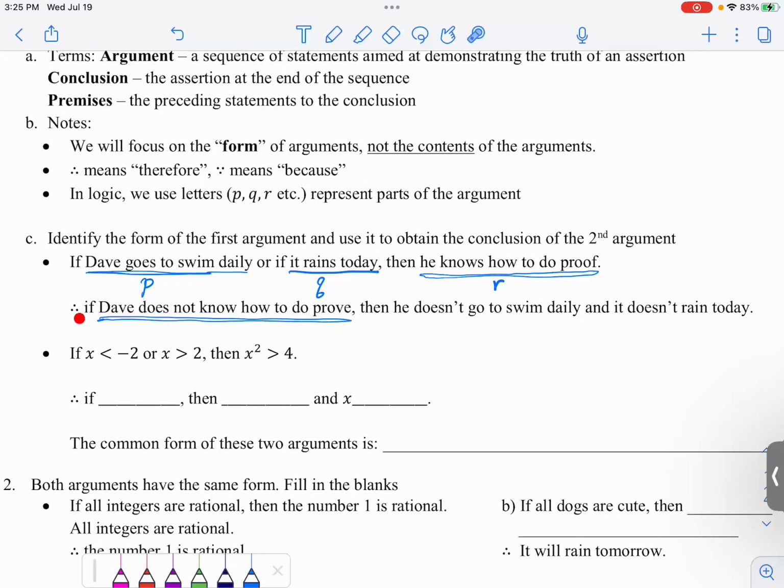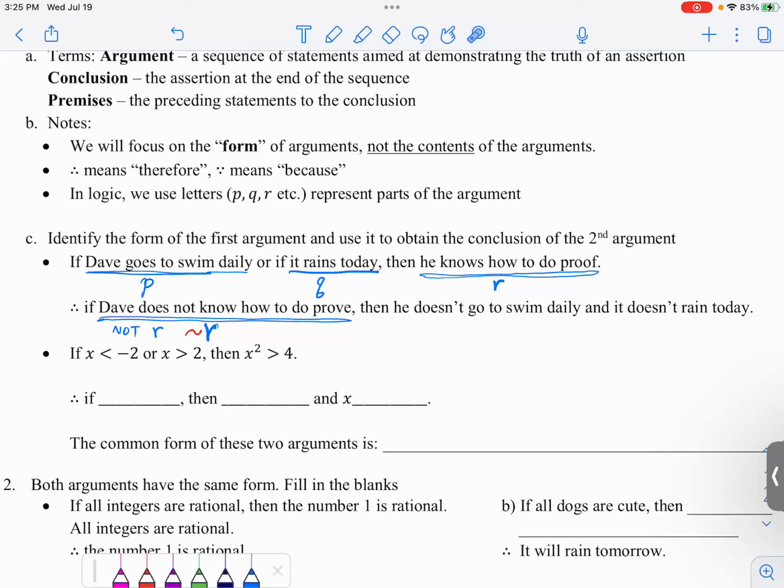And therefore, if Dave does not know how to do proof, this basically is like not this guy, right? So I can say not R. It's not the case that Dave knows how to do proof. So in logic, we are going to use this symbol, a little squiggle like this one, not R. This is the notation we're going to use.